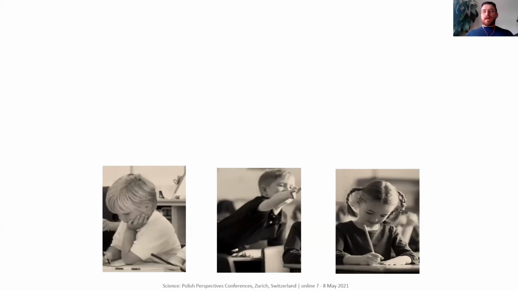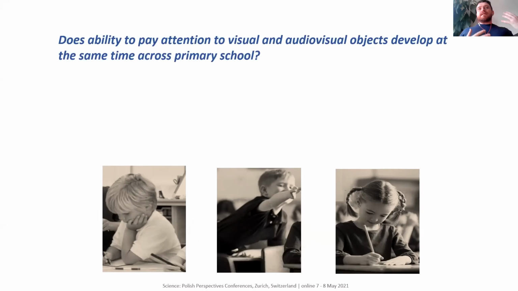In understanding how learning and attention occur in the classroom, there are still some very big outstanding questions. It is entirely unclear whether our ability to pay attention to visual objects, something that has been studied over and over for the past decades in relationship to education, develops at the same time as, before, or perhaps after the ability to pay attention preferentially to multisensory objects across primary school.